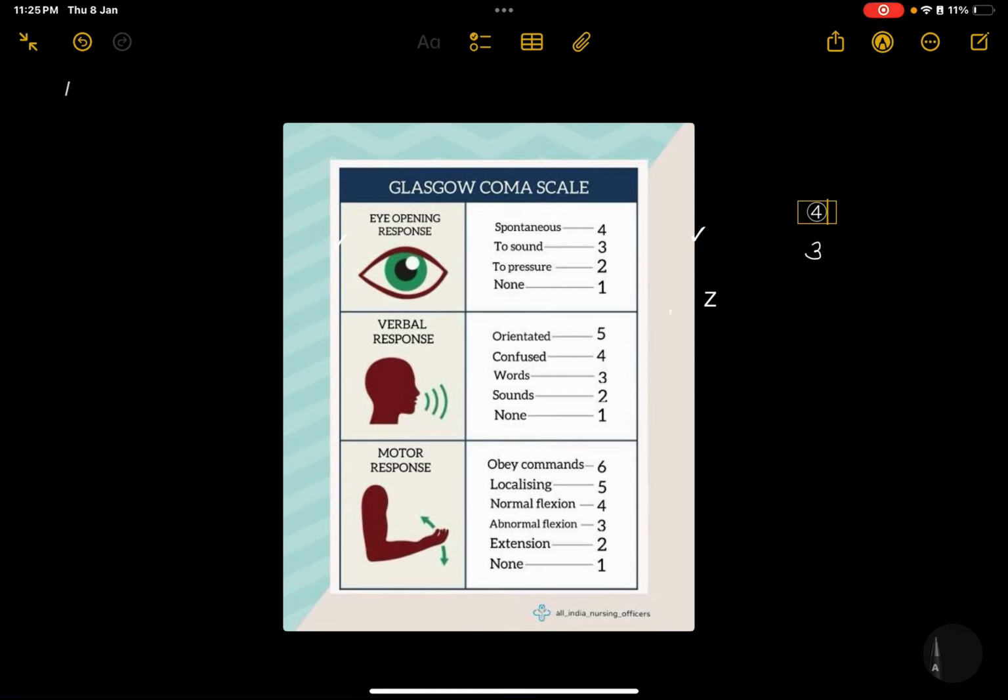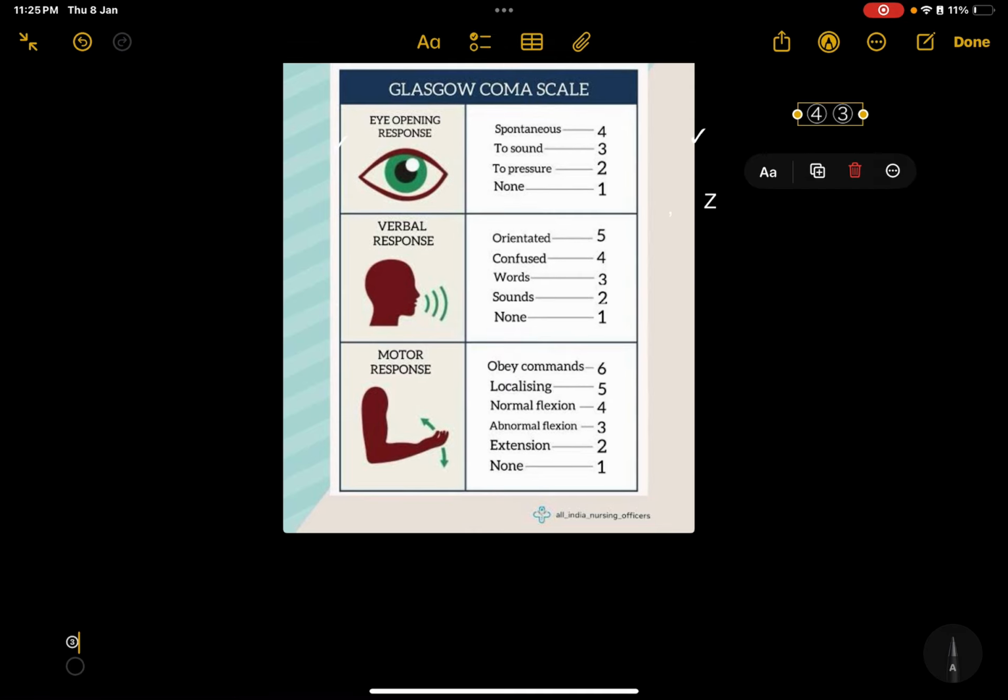If you call the patient by name and the patient responds only to that name or sound, you give 3. To pressure, if you apply pressure or touch the eyes and the patient responds, you give 2. And if the patient is not responding to pain, pressure, anything, you give none, that means 1 score.